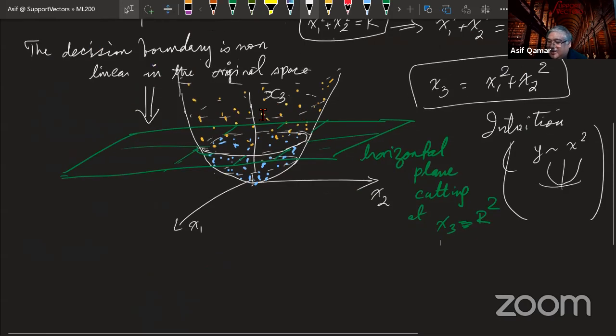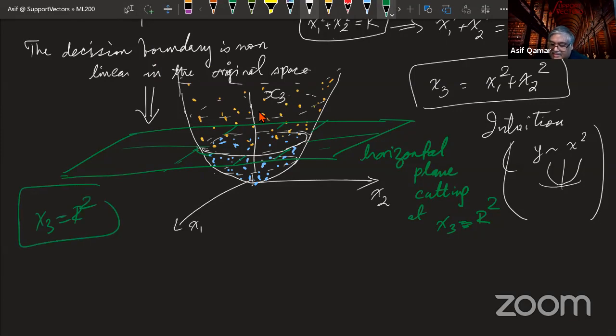By going to a higher dimensional space, you have created another dimension in which on x3 there is just a cutoff point. When you write the equation, x3 is equal to some constant, that's your decision boundary. All points above the plane on the parabolic surface will be yellow. All points below it will be blue.